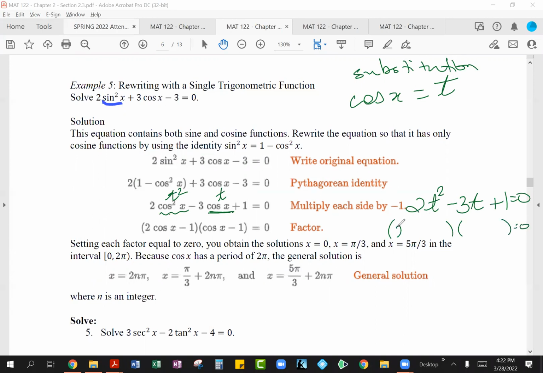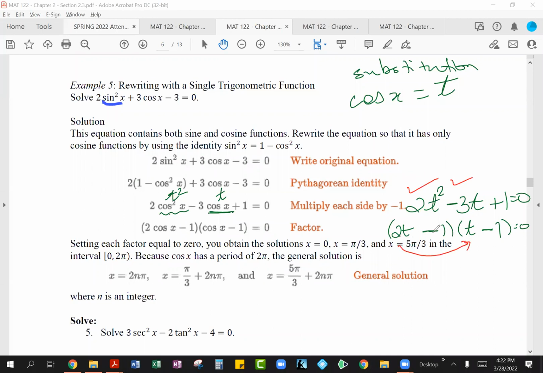So this guy will factor into 2t and t. The plus 1 will actually factor into minus 1 and minus 1. And the reason that happens is when you have a plus here, but minus in the middle, that means both your factors are actually going to have a minus sign, because remember, when you go back and FOIL, you should come back to the original equation.